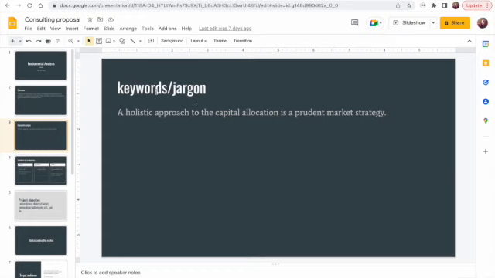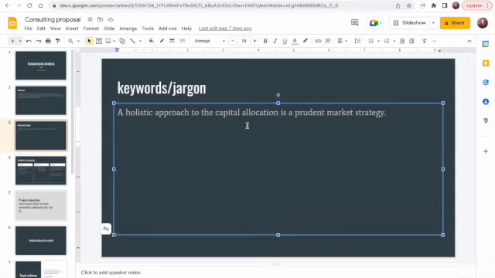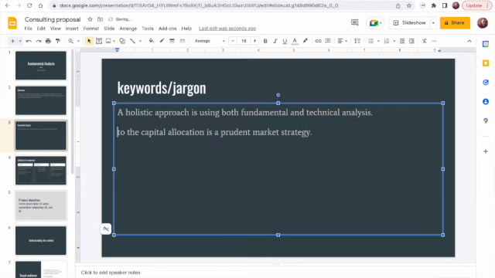And we picked up on some keywords and some jargon, and we said a holistic approach. Let's go ahead and say that a holistic approach is using both fundamental and technical analysis, period.